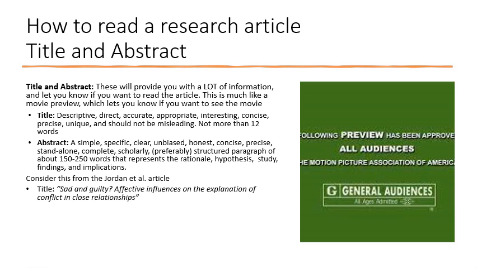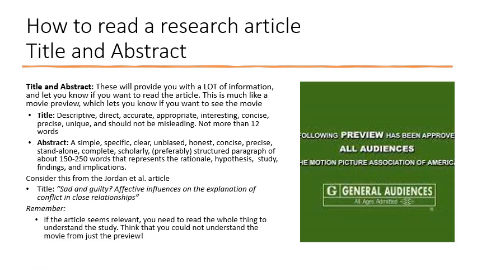You can see from this really easily, it's about affective influence on why people have conflict in close relationships. You know what the study is going to be about. You can't just rely on the abstract, especially in this class, because you need to know what methods were used. That's what we're studying in this class. But you at least know if it's relevant to your topic by reading carefully the title and abstract.